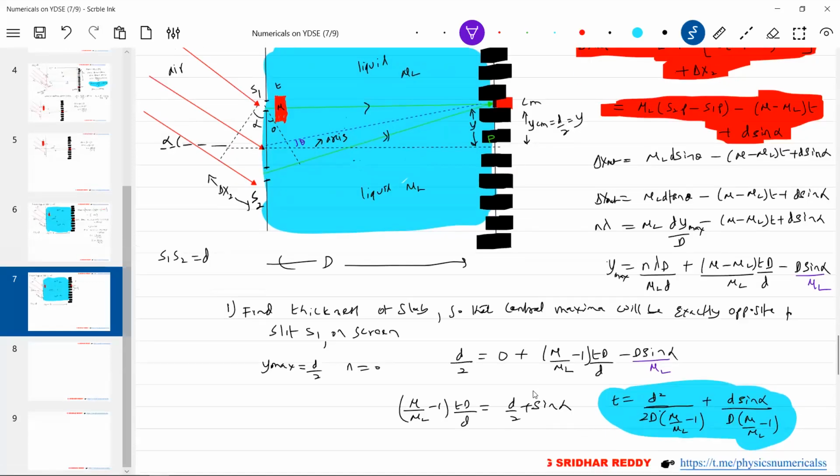Okay, I'll make the changes. Check once the calculation part.